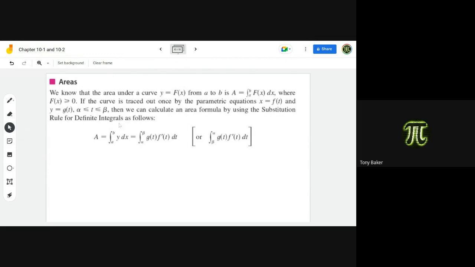So when we're doing it, you're taking basically the integral of g of t, which is your y, times the derivative of f of t, which is your x. Okay, so you're doing the derivative of x times the y, and then you're taking the integral of that.